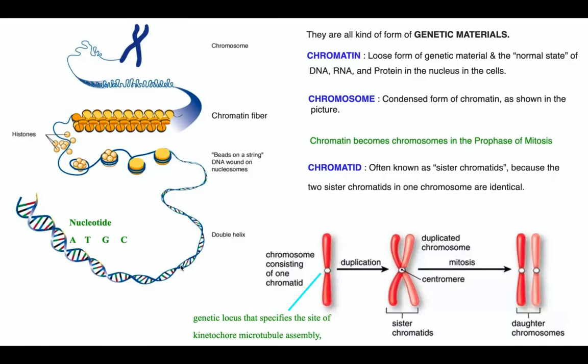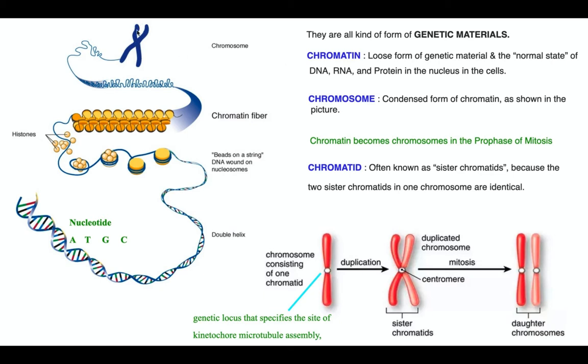Okay, here is a diagram showing a chromosome, and we shall discuss the important terms to be used in this chapter, like chromatin, chromosome, chromatid, and centromere. These are all genetic materials.